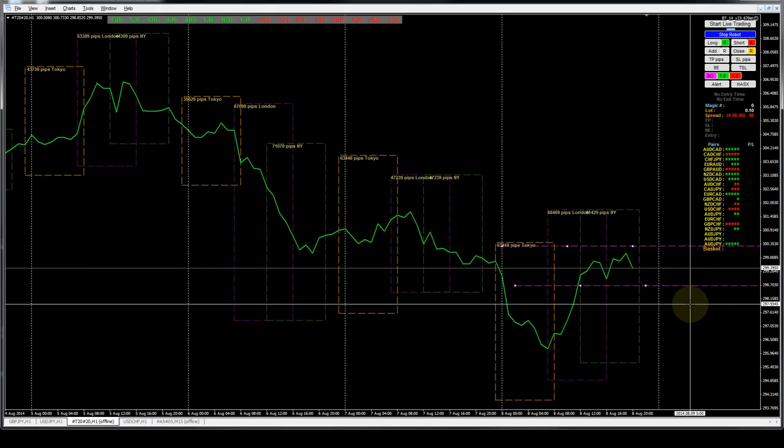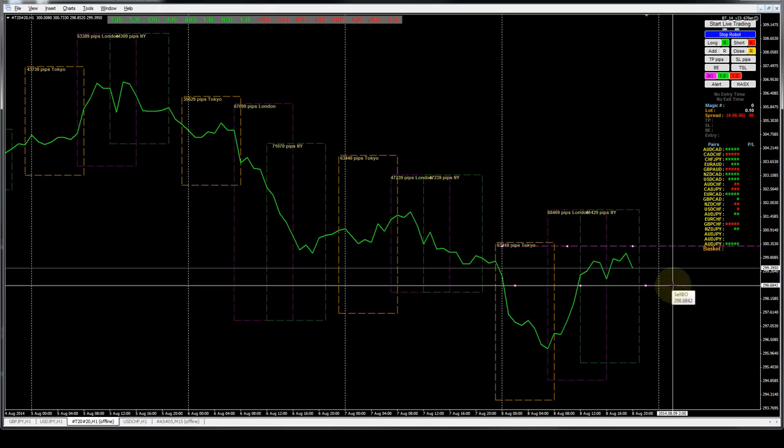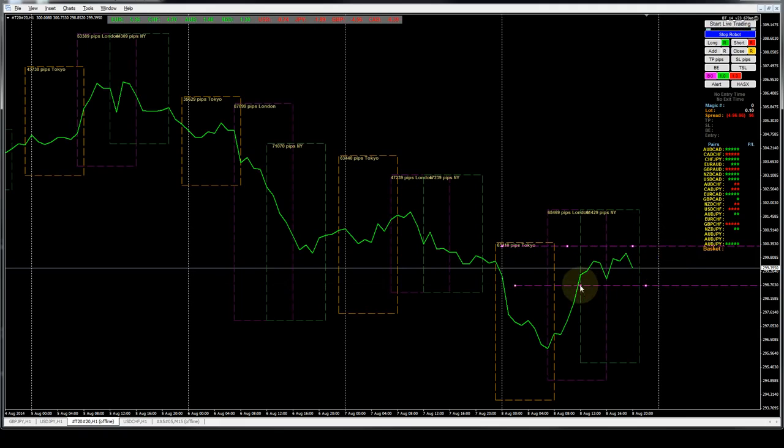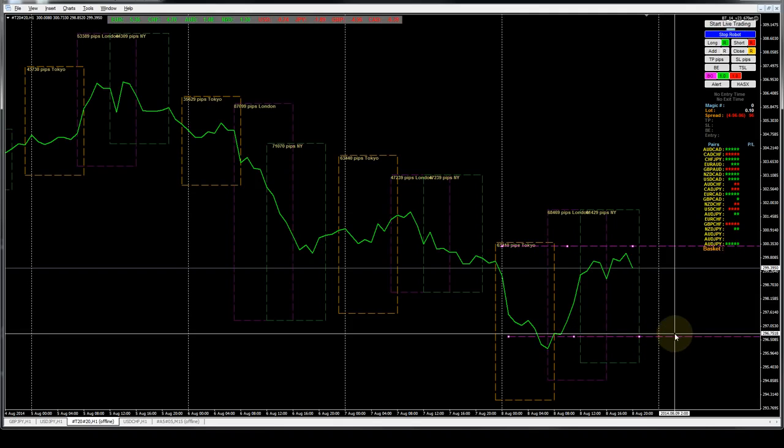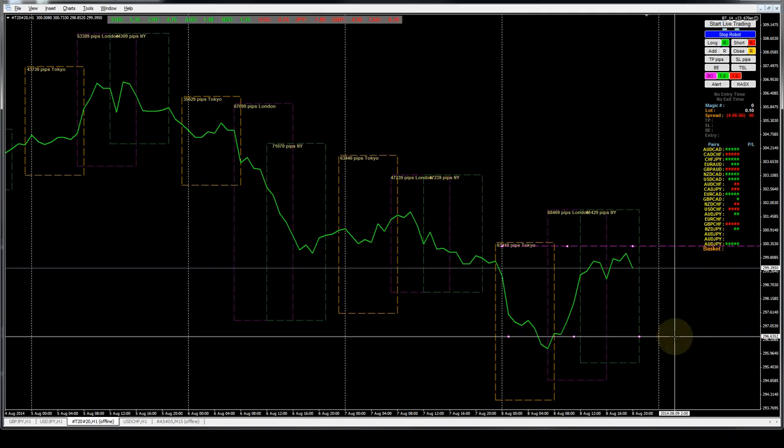Right now we got a stop loss if it breaks out long of 158 pips. Now say these lines were a long ways apart and you don't like that much stop loss. In this case you get 361.